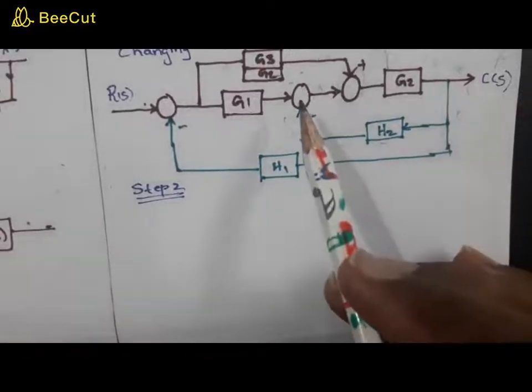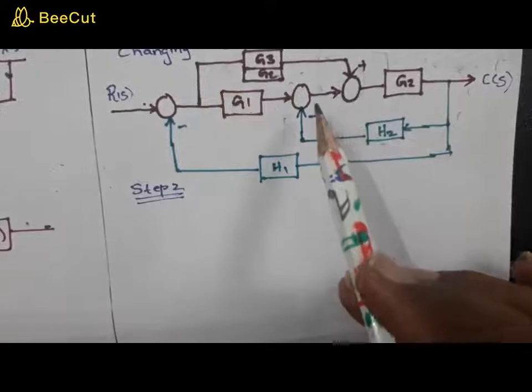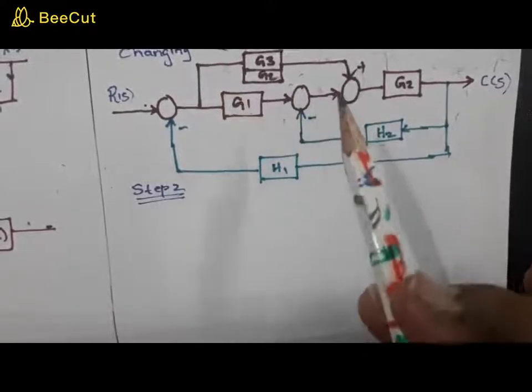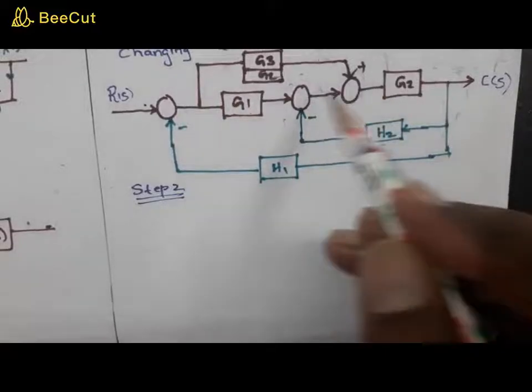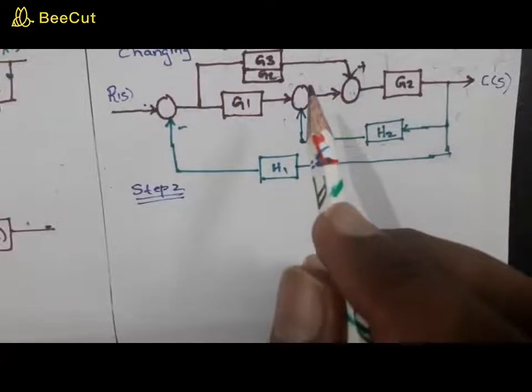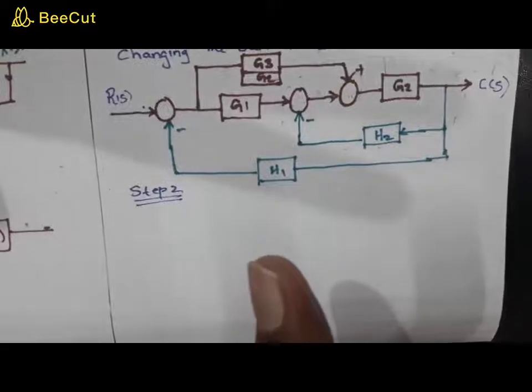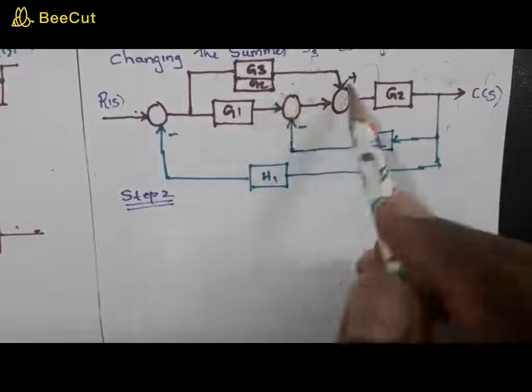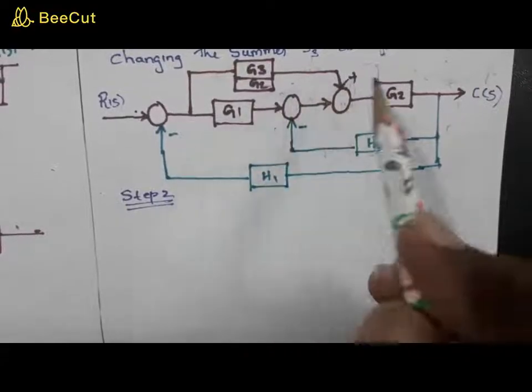As I explained, you will come across different scenarios where you need to apply your logic. Now when two summing points come together, it is always recommendable, if needed, to interchange the summing action.